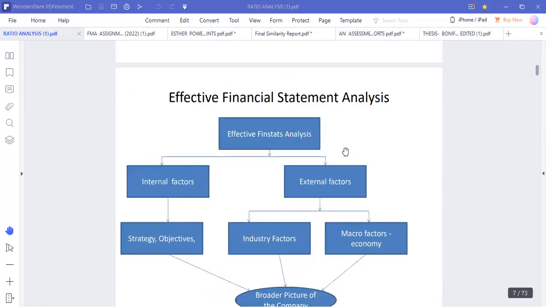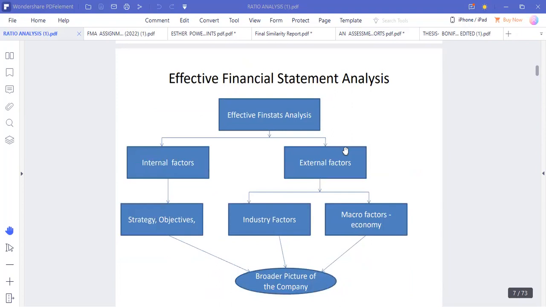Financial statement analysis, therefore, to be effective, will have this broader picture. Number one, it will look at internal factors that have to do with the objectives of a firm, the strategy that it's implementing to give the overall health picture of the company. It will also look at the external factors which come from both macro and micro issues.